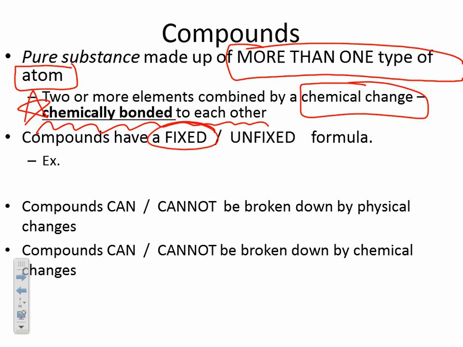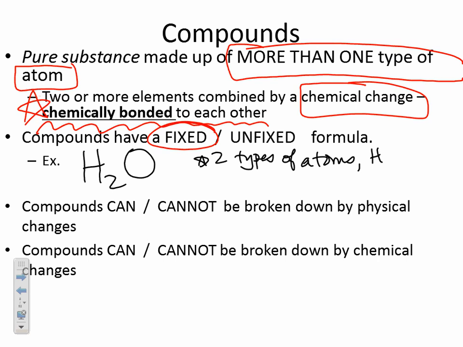So for example, water is an example of a compound because there are 2 types of atoms, there's H and O, but it's a fixed formula because we have 2 hydrogens for every 1 oxygen. It's always the same ratio, it's always the same formula, it's always the same combination.